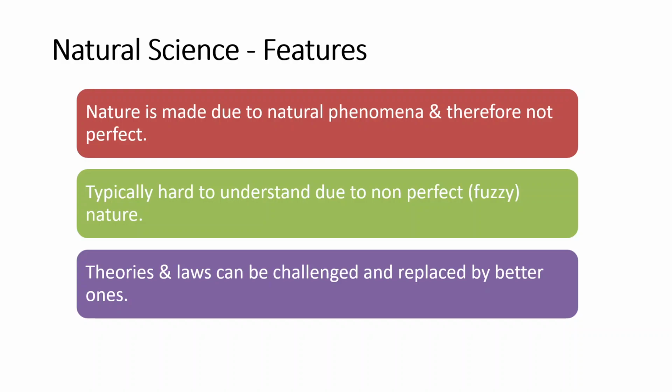And nature is imperfect. That is why natural science is quite a hard subject, and a lot of fuzziness and uncertainty is involved, and we try to understand as best we can. That's it. We can't reach something like perfect understanding. So we have to always keep that in mind when we are studying a natural science subject.